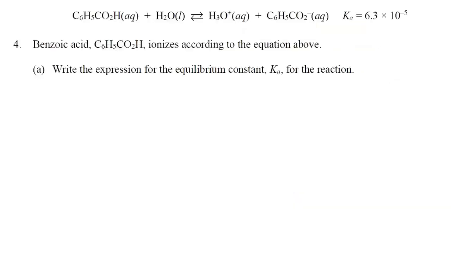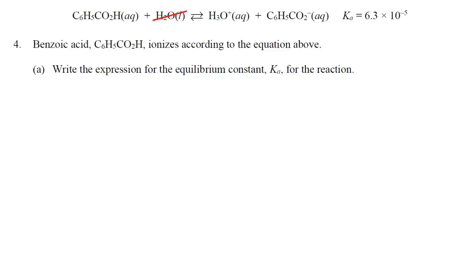It says, benzoic acid, which has the formula C6H5CO2H, ionizes according to the equation above. Part A, write the expression for the equilibrium constant Ka for the reaction. So normally for an equilibrium constant, it would be products over reactants, but remember that we do not include solids and pure liquids like water in the equilibrium constant expression.